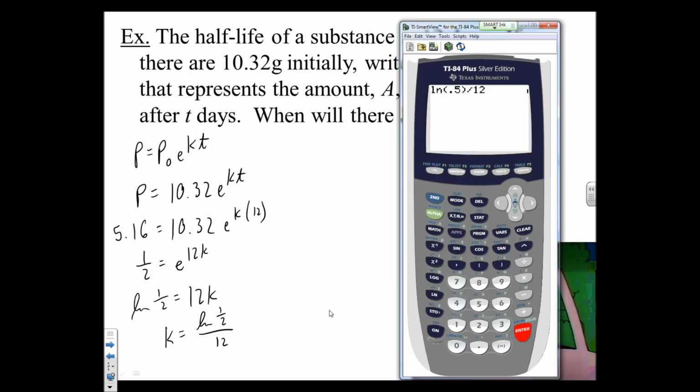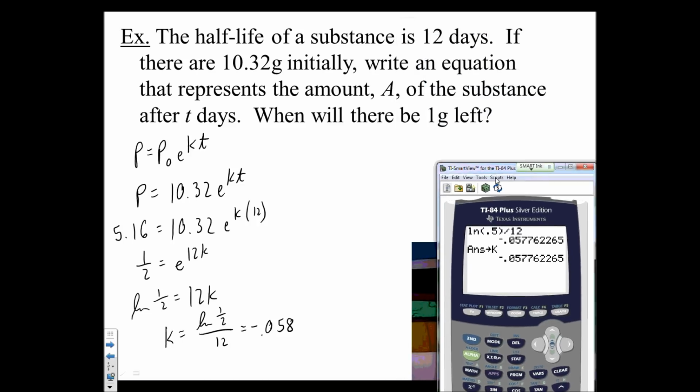So k is equal to negative 0.058. And I'm going to store this value. Remember, we want to store any values that we might use later on, and we certainly will use this one. So I'm going to store that as the letter K.